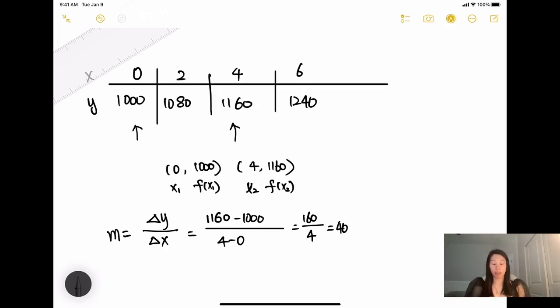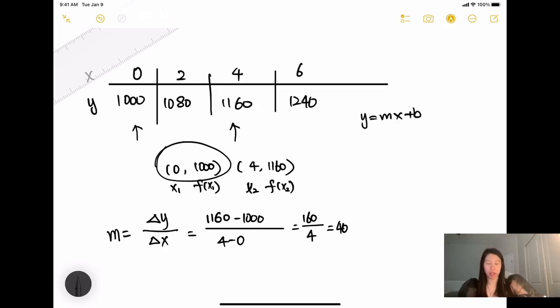And then we need to plug in one ordered pair into the linear function y equals mx plus b to figure out what b is, the intercept. So y equals 1000, m equals 40, x equals 0, plus b.